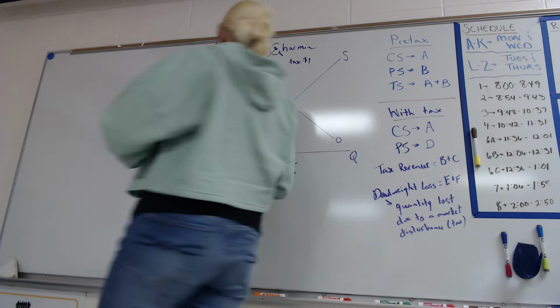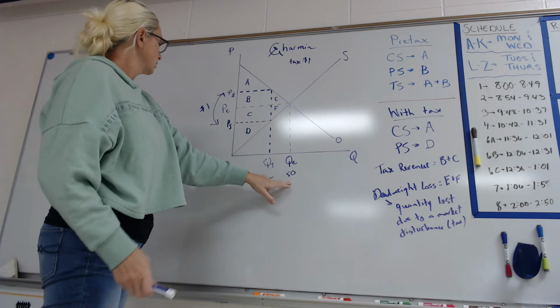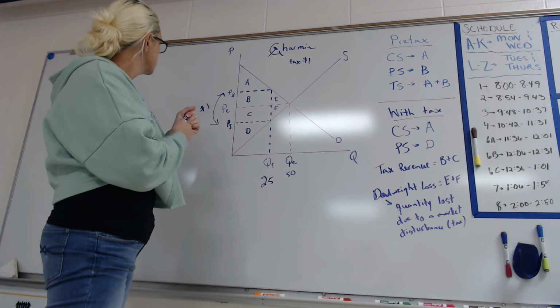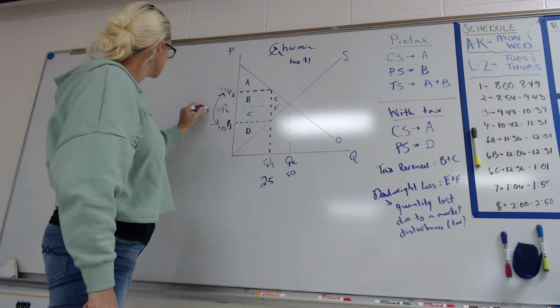So, I want you guys to look at this. Remember, beforehand with the market, let's say this is 50, let's say this is 25. Let's say this is 10, 10.50, and 9.50. Okay, because that is a difference of $1.